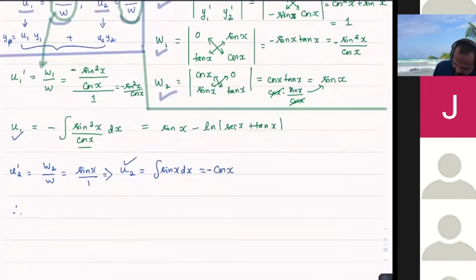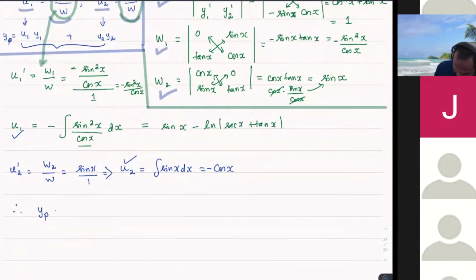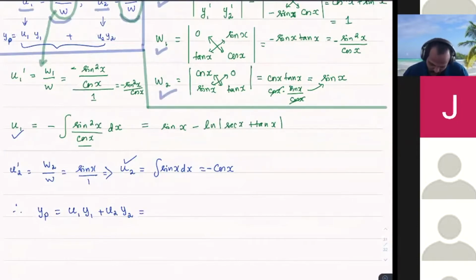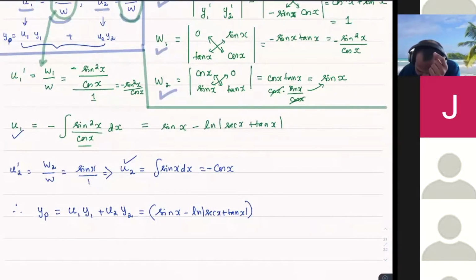Therefore, yp, if you remember, is u1 y1 plus u2 y2, which in this case would be u1, which is sine x minus ln of secant x plus tan x, multiplied by y1, which is cosine x, plus u2 y2. I'm going to change the color. Minus cosine x multiplied by sine x.